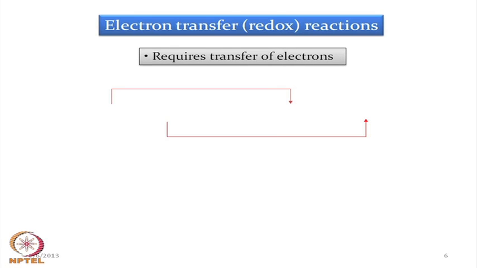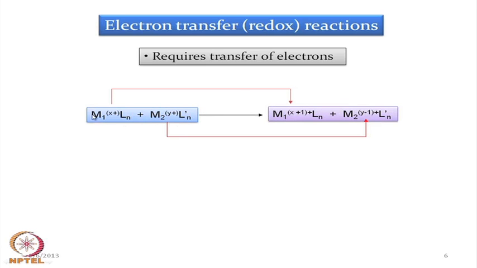So, they all require the transfer of electrons, and this transfer can take place through the involvement of some species, where one metal center we consider as M1 and the other as M2.